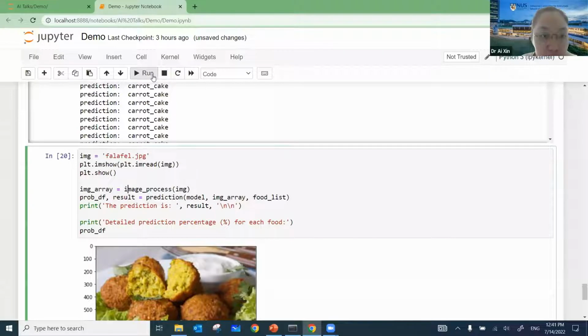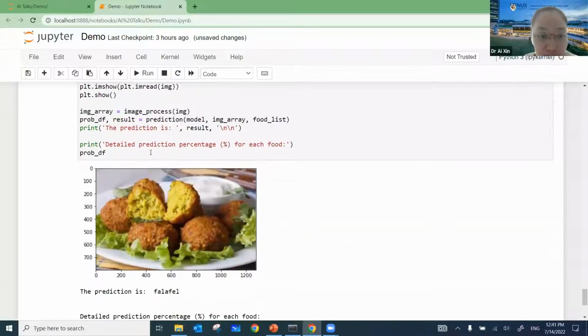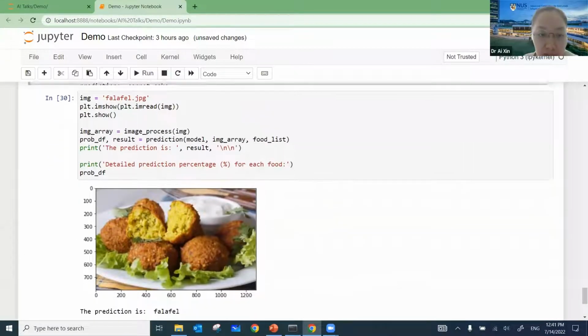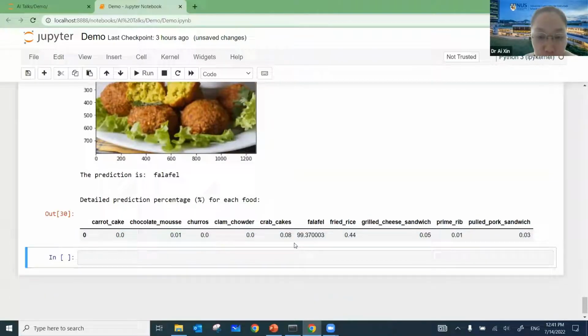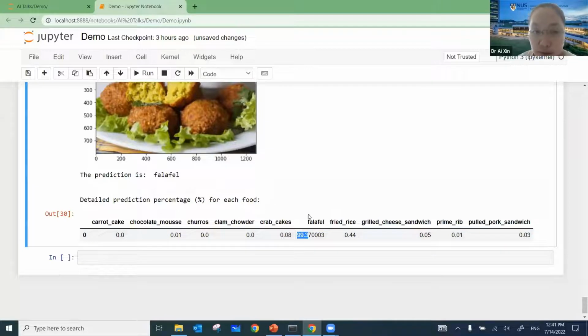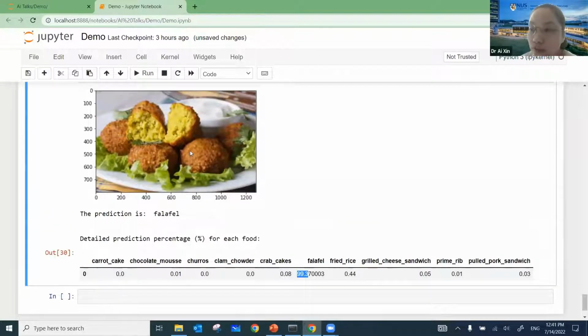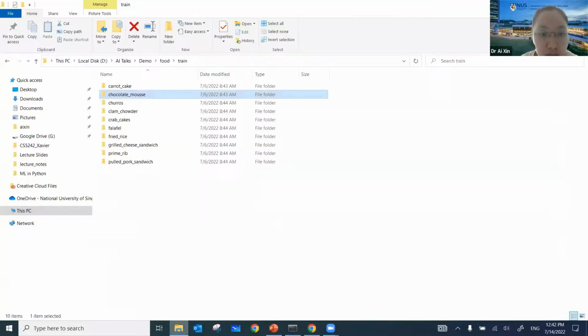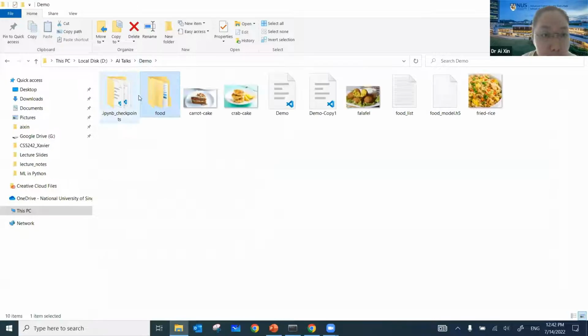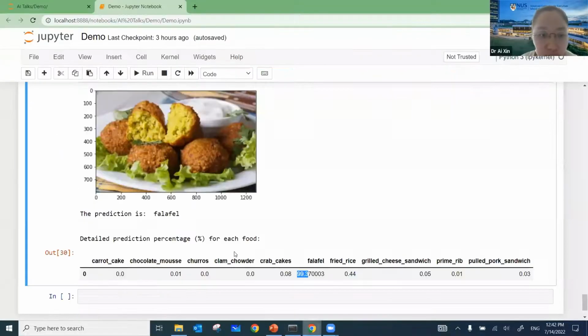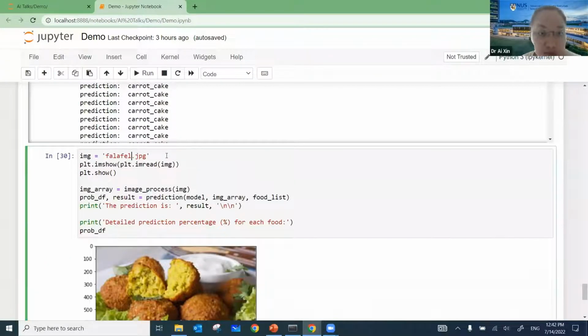So this is a falafel image I downloaded from the internet. You can see the model will tell you there is a 99% chance it is falafel, because it is a very typical falafel image, and it rules out the other categories easily. But for some images, let's say this crab cake, the model has some difficulty.